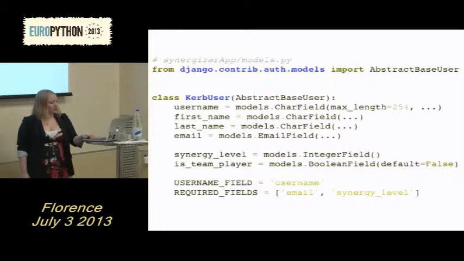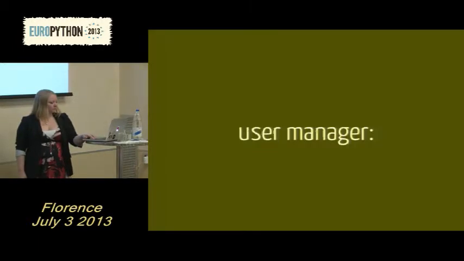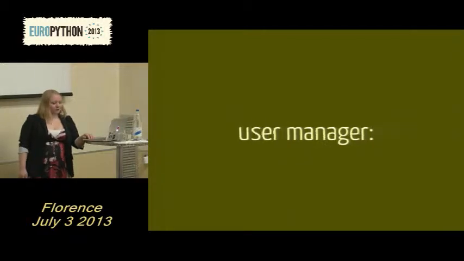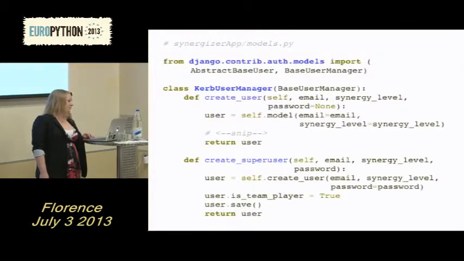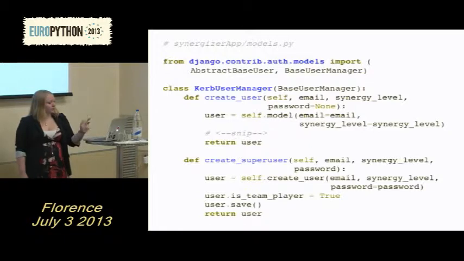So this is within your models.py. And then you also need to have a user manager because you're also requiring synergy level. So an example of the Kerb user manager within the same models.py, you just need to define the two functions, create_user and create_superuser, just to make sure that it contains your synergy level.